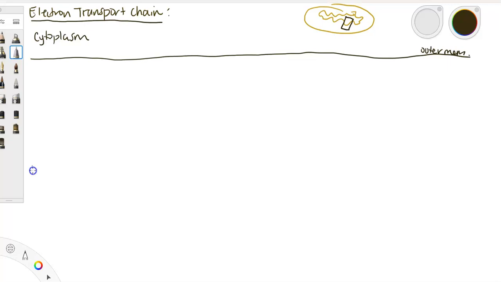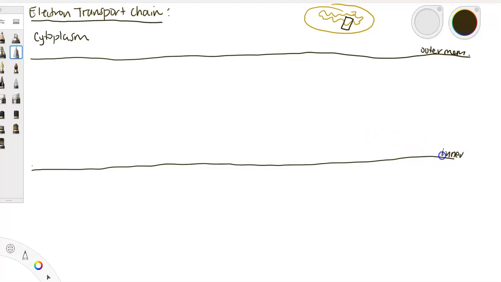And then here is the inner membrane. Okay. And this area here is the intermembrane space.